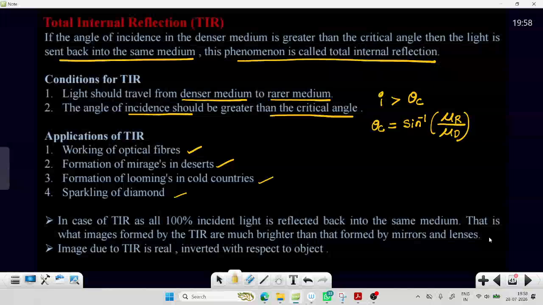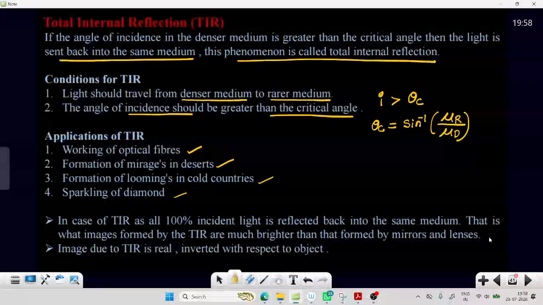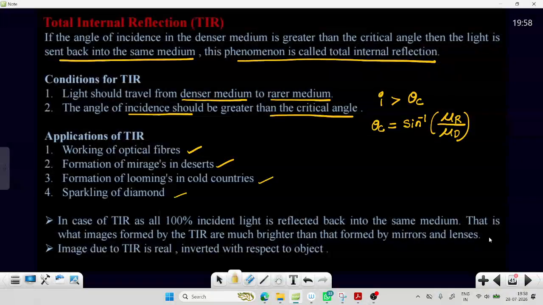When you move down, the temperature will decrease. The temperature is very high near the earth. If the temperature is high, the region near the earth behaves like a rarer medium, and the surface above behaves like a denser medium. When the light rays come from the denser to the rarer medium, they undergo TIR and are reflected back to the same medium.